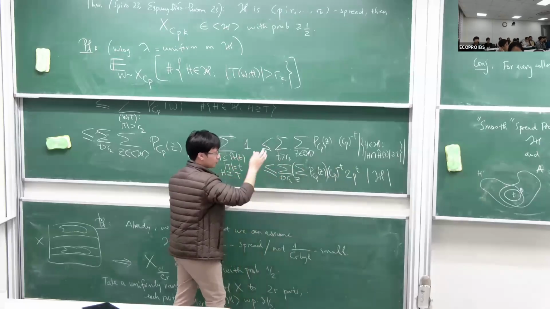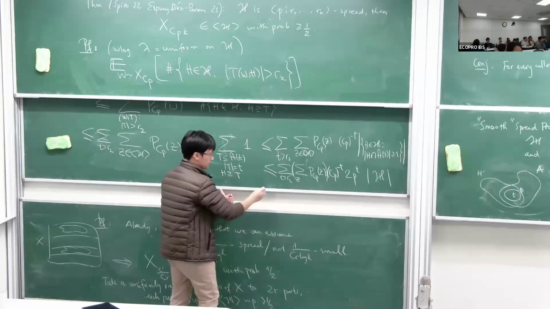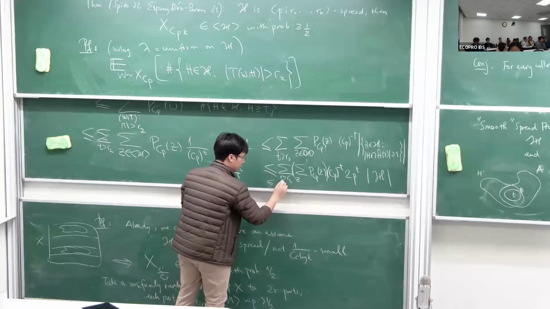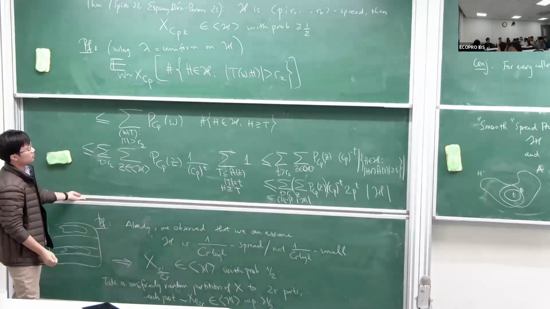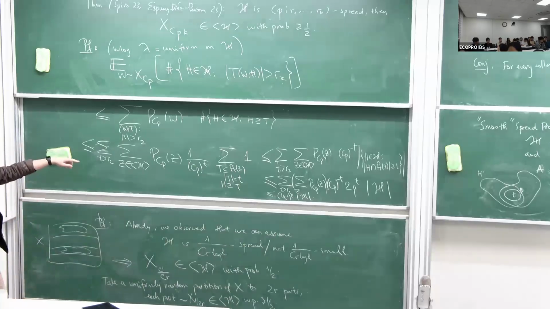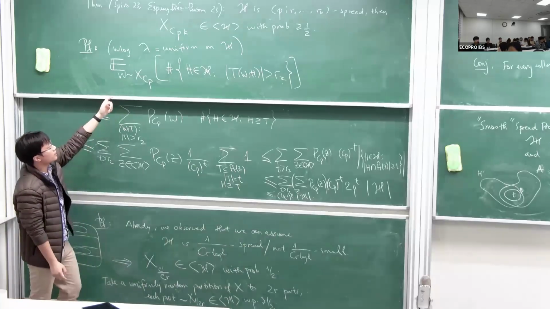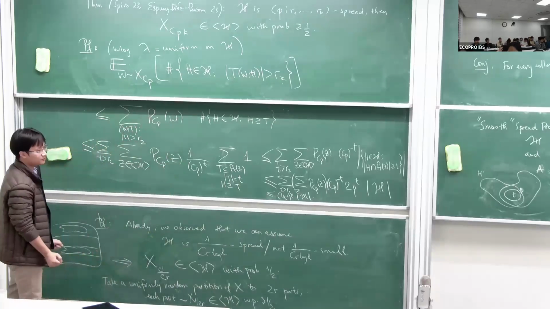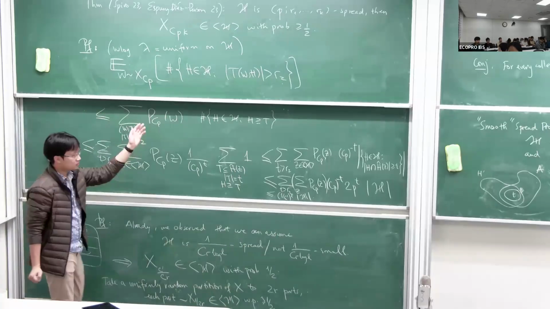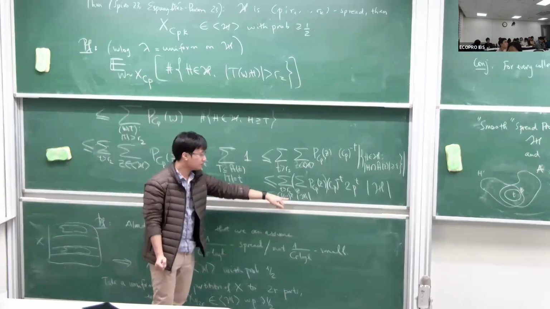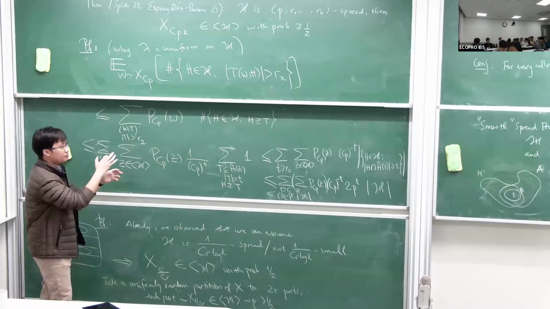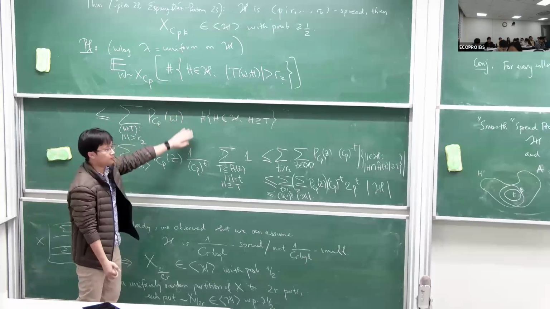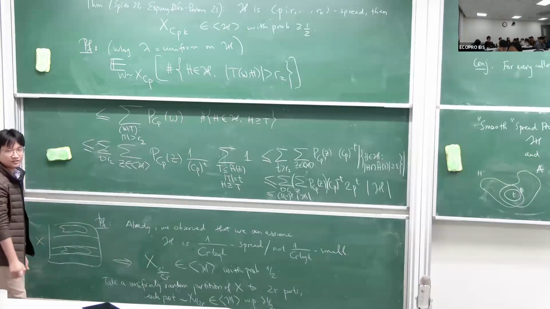This sum would give you something that decays exponentially in L. So it's going to be smaller than 1 over some big constant to the L times the size of H. Okay, so all in all, you have shown that in expected value, the number of sets H that produce a fragment of size bigger than R2 is only a small fraction of the entire collection H. So now just pick up all of the fragments that have size at most R2 and repeat this argument. And that's the case that we will be done.